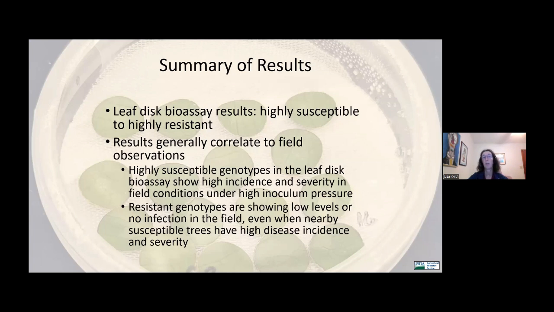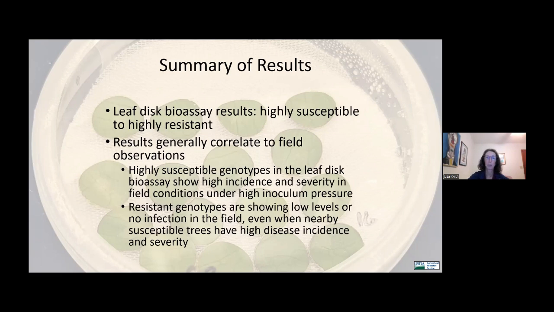The results generally correlate to the field observation. If it was highly susceptible in the field, we would also see high susceptibility in the assay. And resistance would show little to no level of infection, not only in the field, but proven with leaf disc assays.